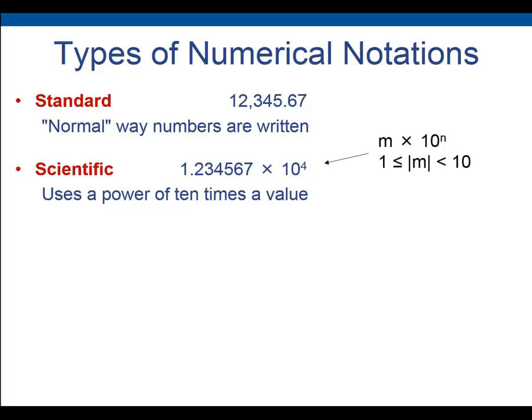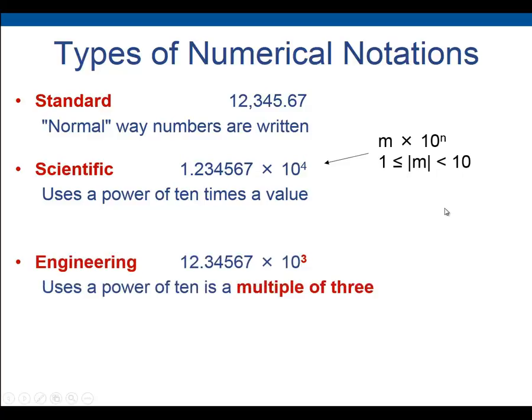Look at this format. m times 10 to the nth power. In scientific notation, the absolute value of m should be more than or equal to 1 and less than 10.